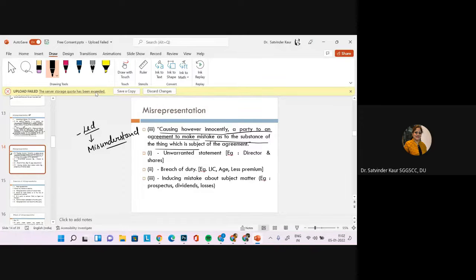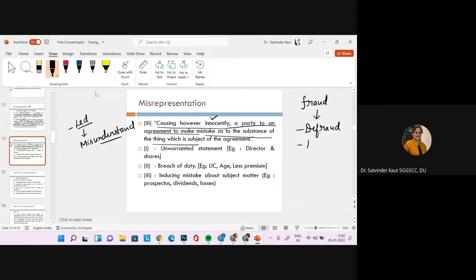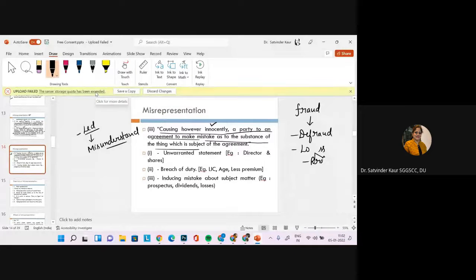So there is no intention, because in fraud we say that any activity which is fit to defraud someone gets covered in fraud. We have discussed that the other person must have suffered the loss. There is a promise with an intention not to perform.